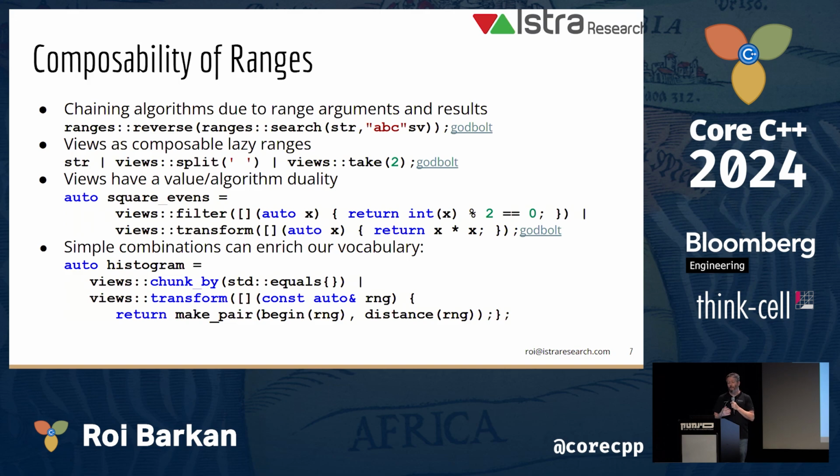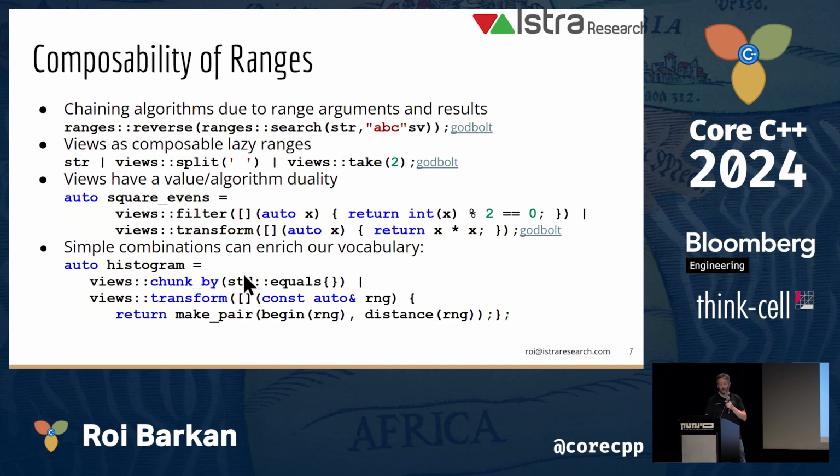And again, sometimes even simple combinations can really enrich our vocabulary. Sometimes if I want to talk with other people about certain building blocks or certain algorithms that I want to write, I can do it without even writing a function declaration. For example, if I want to take a series of input elements and create a histogram, assuming that series is already sorted, what do I need to do?